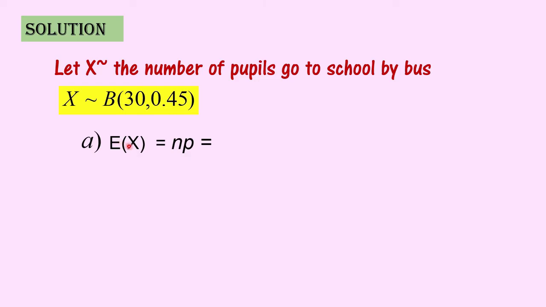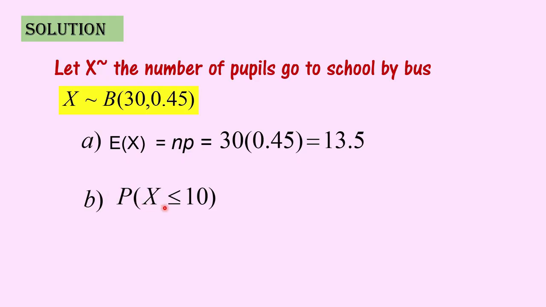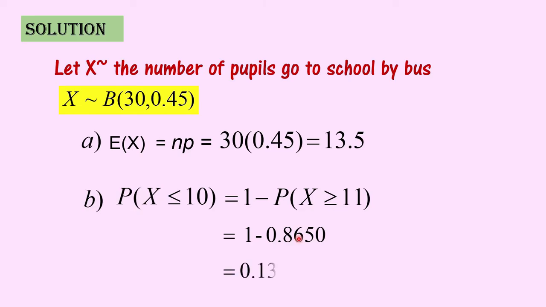The mean is E(X) or n times p, that is 30 times 0.45, that is 13.5. B, the probability that not more than 10 means less than or equal to 10, so don't forget to include 10 here. So 1 minus probability X more than or equal to 11. By using the table, 1 minus 0.8650, and the answer is 0.135.